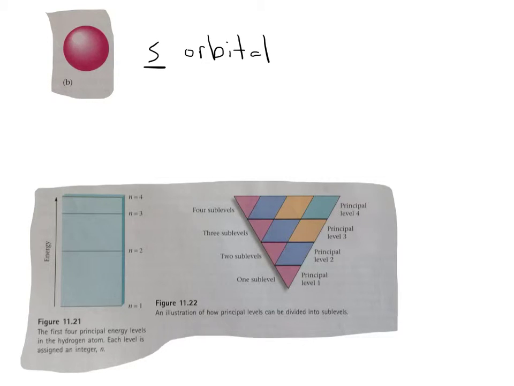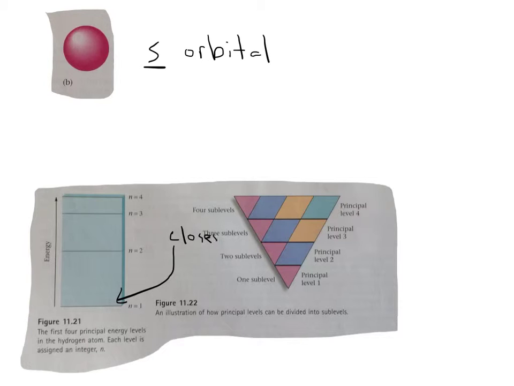You can think of the electron cloud of an atom as a multi-story hotel. The floors of the hotel, in the atom, are called energy levels. So we have the first energy level, or principal level 1, and it's at the very bottom. This is closest to the nucleus.